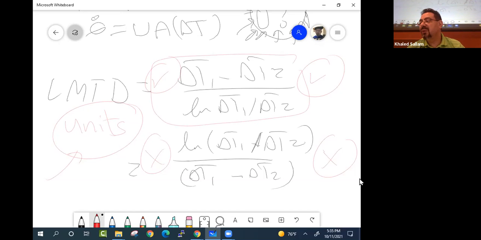It has to be Kelvin or degrees C. What's the unit of the term at the bottom? Dimensionless, because it's delta over delta. So if I'm looking for the logarithmic mean temperature difference, I'm looking for a delta T. Of course, it should be delta T1 minus delta T2. It cannot be the ln over the difference. So that's the first thing.